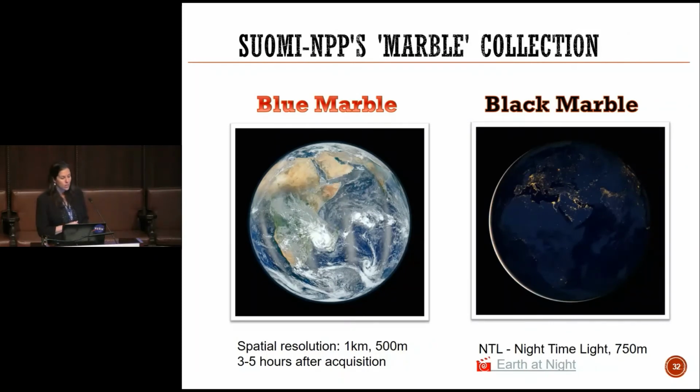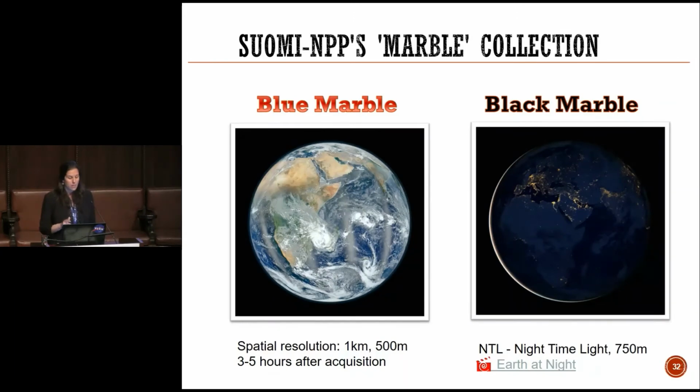I'm going to continue with the SUOMI-NPP. On the SUOMI-NPP, there's the VIIRS instrument that also provides AOD. It also has several algorithms, which I'm not going to talk about. I will mention two products. One is the Blue Marble, which gives images of the Earth in a spatial resolution as high as 500 meters.